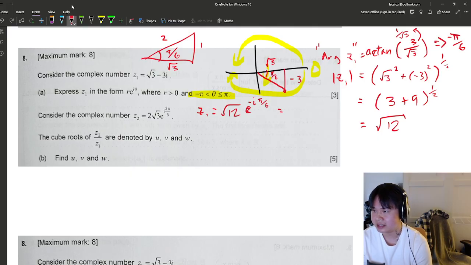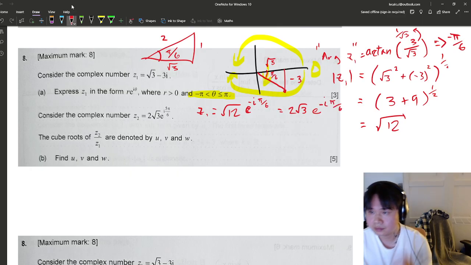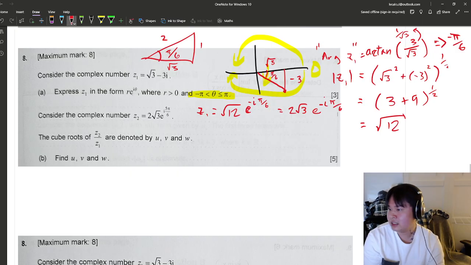And I guess I see that Z2 is a simplified radical, so we'll simplify this one. This is 4 times 3, so 2 times root 3. Okay, that's Z1. Here's Z2. We're going to divide.